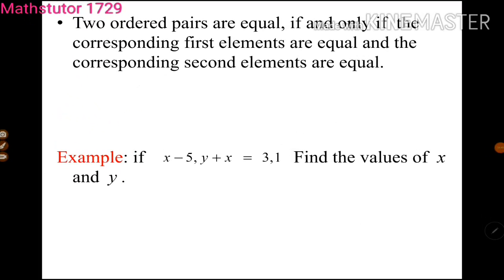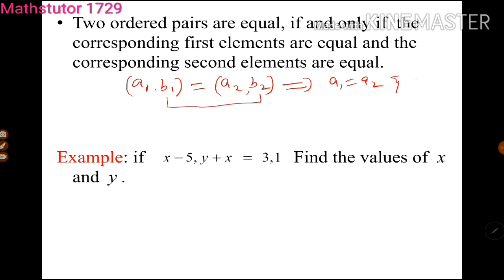For example, two ordered pairs (a1, b1) equals (a2, b2). This implies the corresponding first elements are equal, a1 is equal to a2, and the corresponding second elements are equal, so b1 is equal to b2.